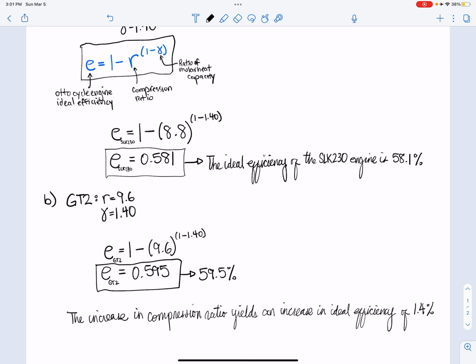And that is just subtracting 58.1% from part A from 59.5%.